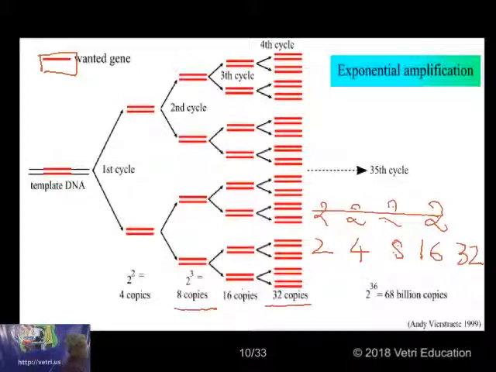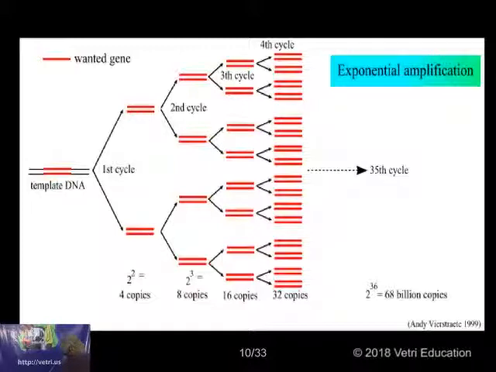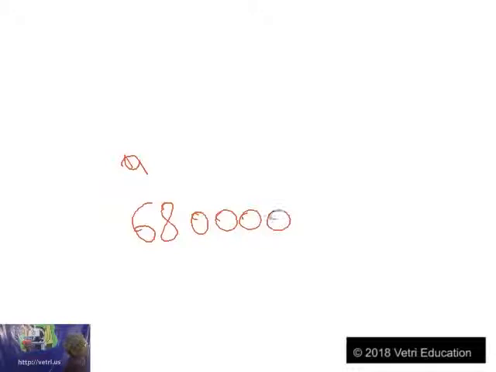And see, in 2 to the power of 36 generations, how many copies would have been made? 68 billion copies. Cannot even imagine. What is the 68 billion? 68 followed by 9 zeros.